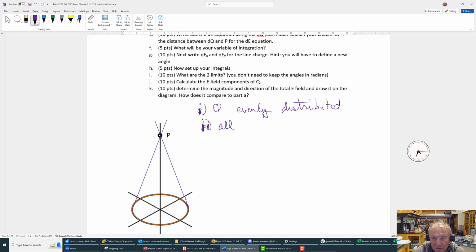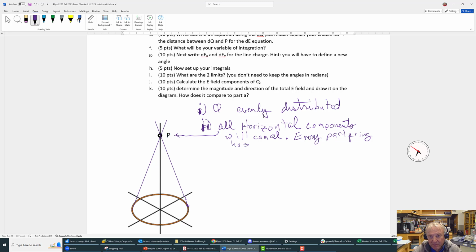All horizontal components will cancel. Every part of the ring has a matching part, an opposite part.